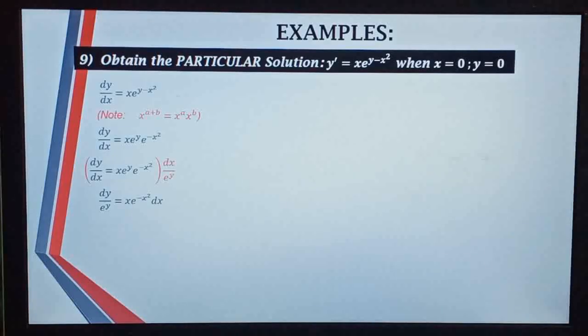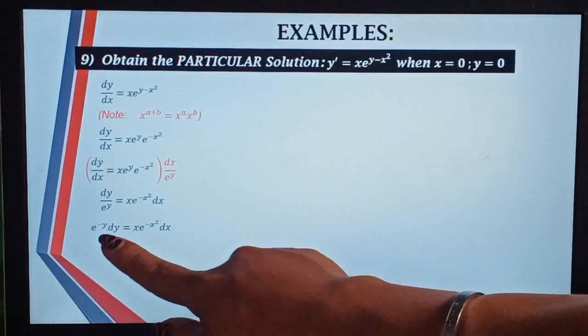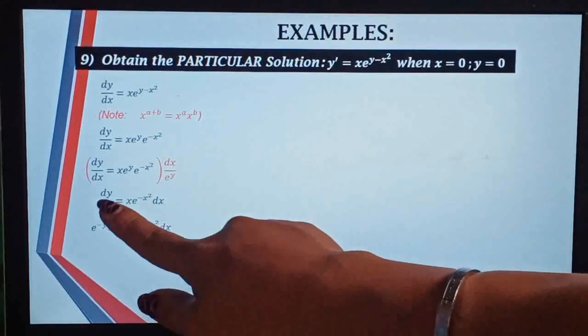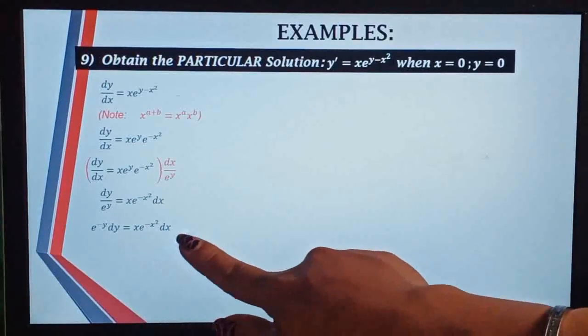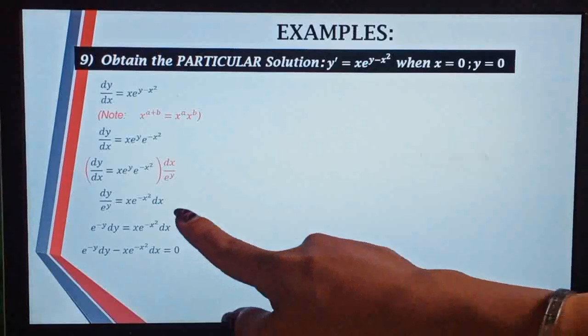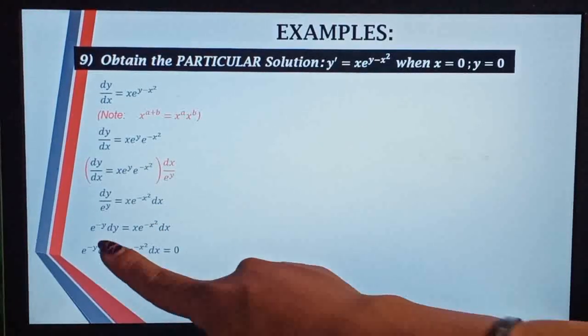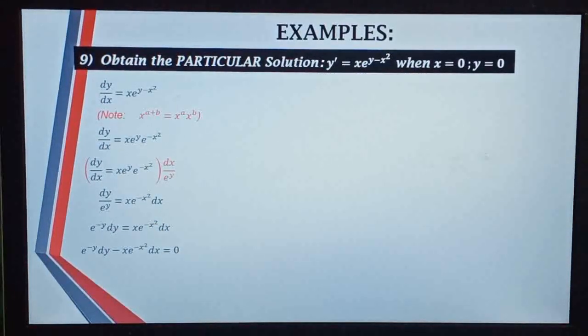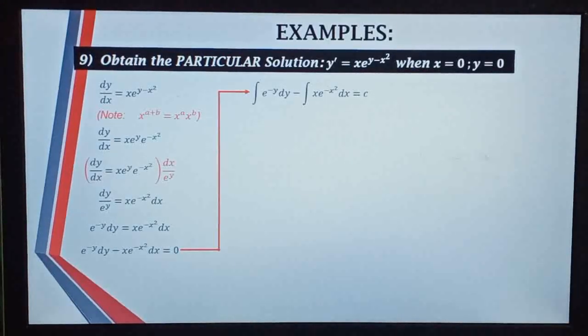Since separated na sila, aayusin lang natin. You have e raised to negative y dy. Tataas natin si e raised to y. Then the same. Then transposing this term to the other side, magiging negative po yan. Then pwede na tayong mag-integrate.